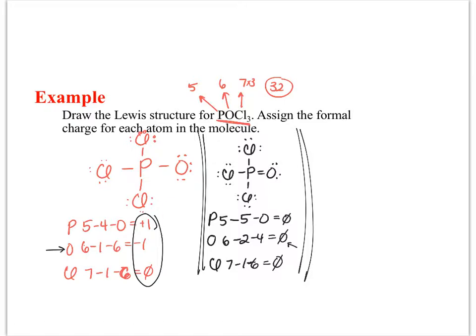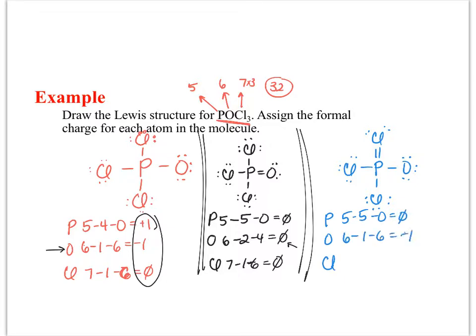There is another possibility. I could double bond the chlorine instead. I could have double bonded any of these chlorines. So I'm still not going over 32 electrons. Okay, so let's see how our formal charge changes. Phosphorus, 5 minus 5 minus 0. Oxygen would be 6 minus 1 minus 6.